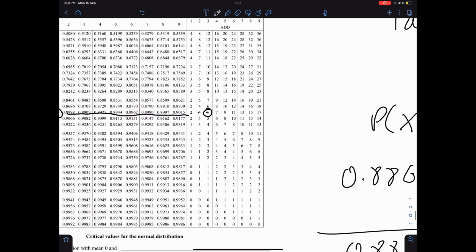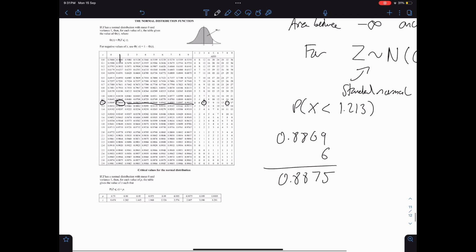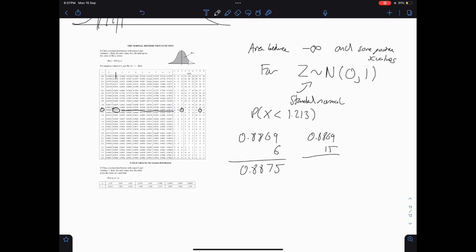If it was, say, a 15, we would do that. But anyway, this is that probability. Obviously, if you had to do P(X greater than), you'd do 1 minus 0.8875.